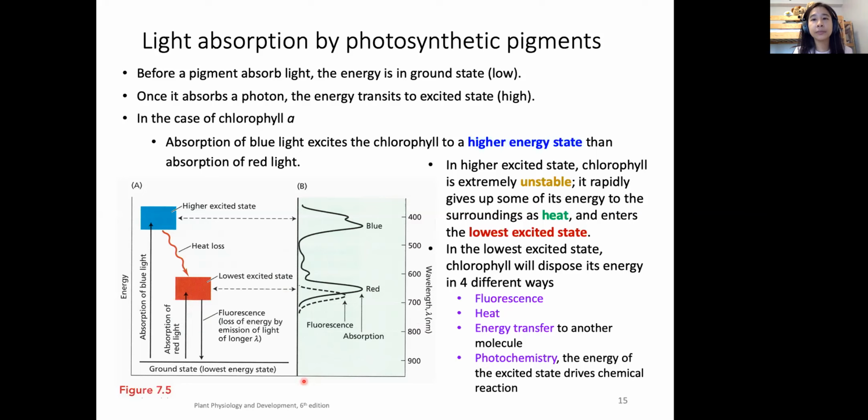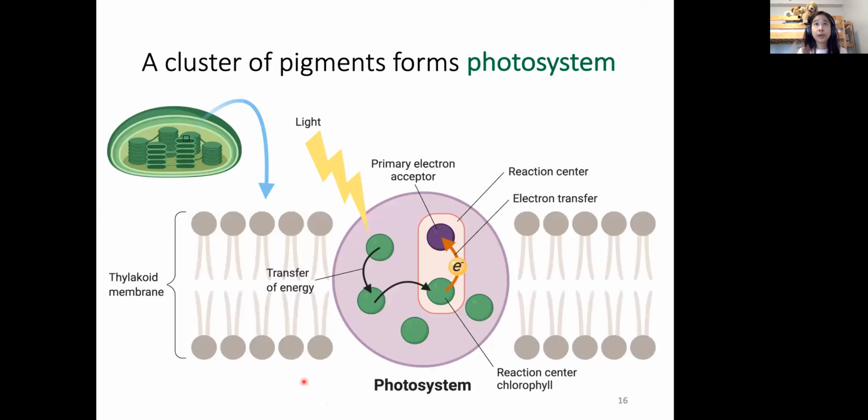All right. Different molecules of chlorophyll or pigment can be combined together to form a photosystem. These chlorophyll molecules are embedded in protein, and we call the whole thing a photosystem. In the thylakoid membrane, you have a lot of photosystems that can do work. How does it work? You have the light energy, and the first molecule receives the energy.